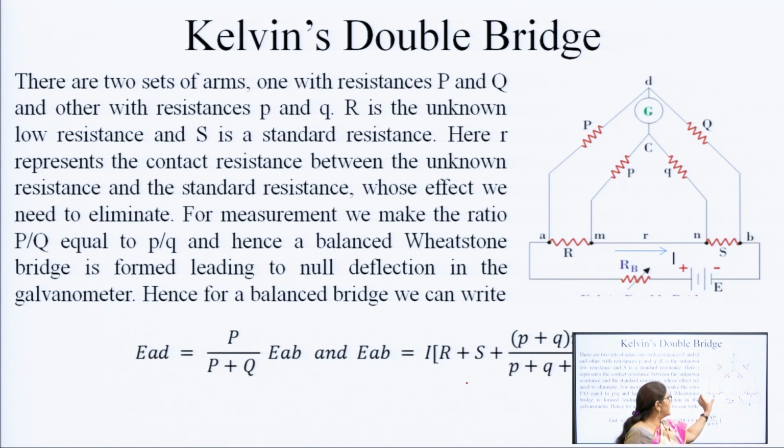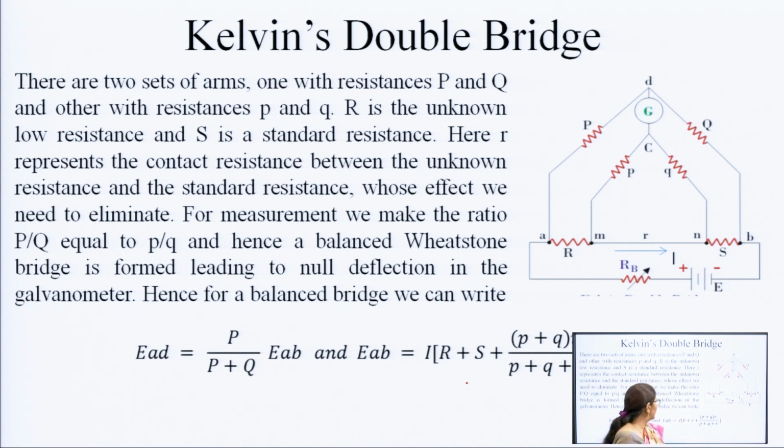This R is the unknown resistance whose value we want to measure and it is of very low value. This r represents the resistance of the lead, the contact resistance between the unknown resistance and the standard resistance. This S is the standard resistance. So, here we will make capital P by Q equal to small p by q, and then we will balance the bridge and we will get the output.